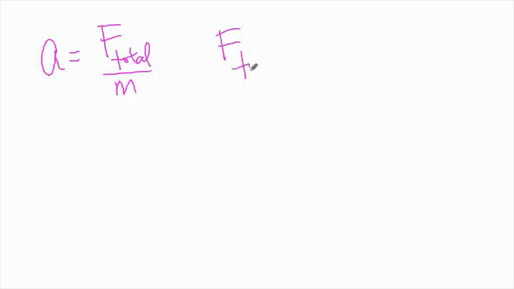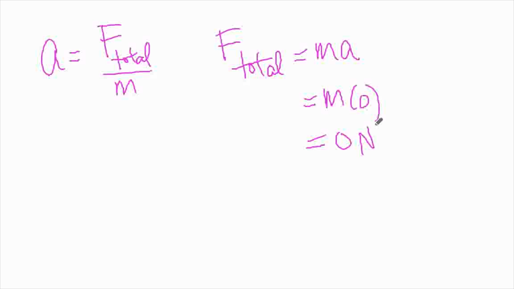So we said from Newton's second law that the acceleration is the total force divided by the mass. Or another way to write Newton's second law is to say that the total force is the mass times acceleration. So if I'm cruising down the freeway with no acceleration, then m times 0 acceleration gives 0 newtons, so I have no total force.